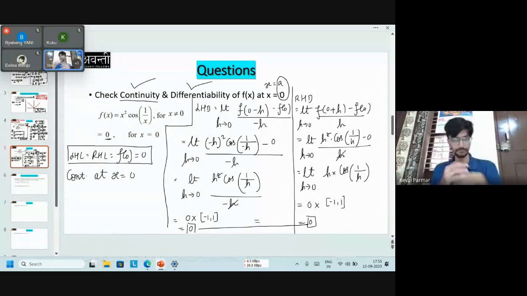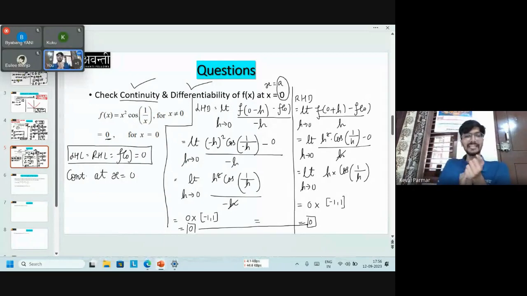Graphically, how will I say the function is continuous? There is no breaking. How will I say the function is differentiable? There is no sharp edge. So graphically we studied continuity and differentiability, and mathematically we also studied both.